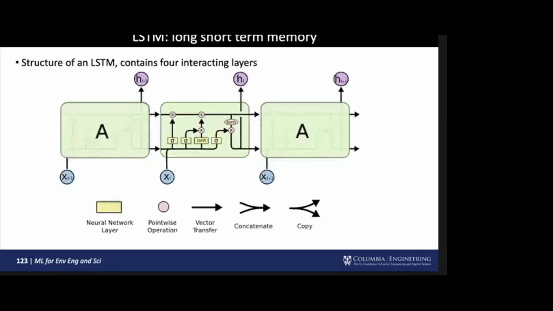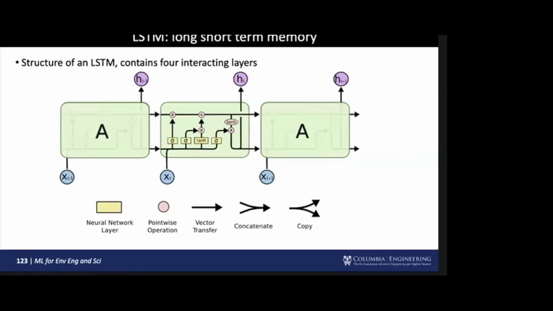Okay, now let's have a look at the LSTM cell to see how it actually works. So unlike the simple RNN we saw earlier, an LSTM module is much more complex, containing four interacting layers. If you look at the diagram, the horizontal line at the top is the cell state. Think of it like a conveyor belt that carries information through the sequence, right, with only minor changes.